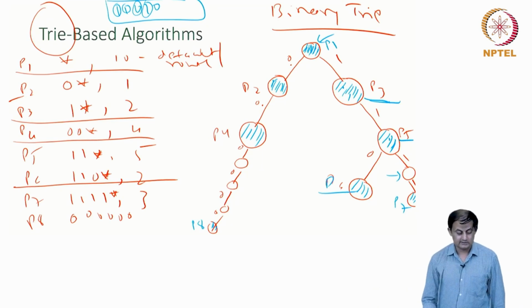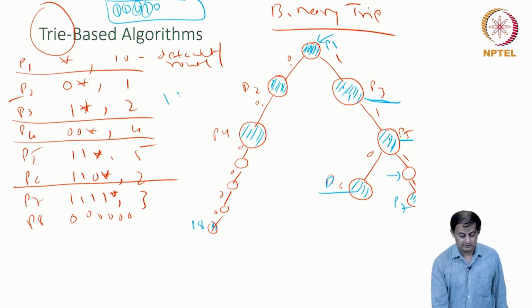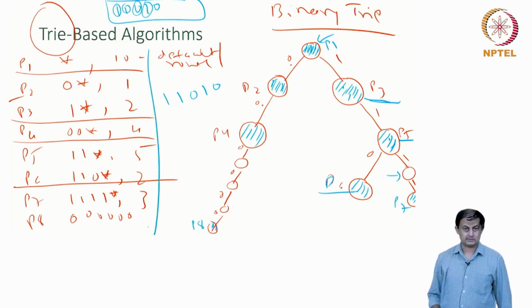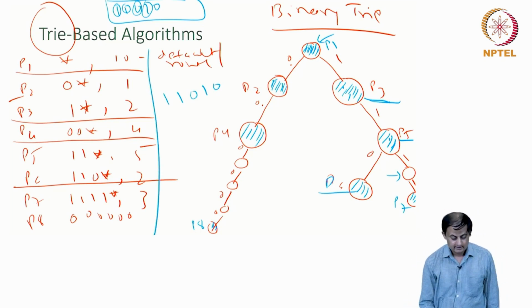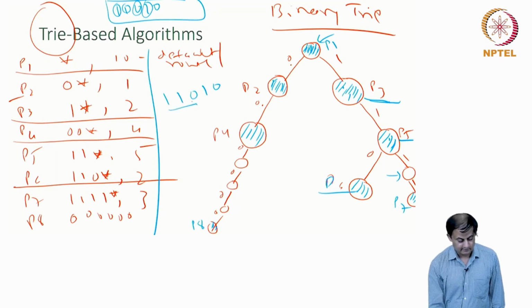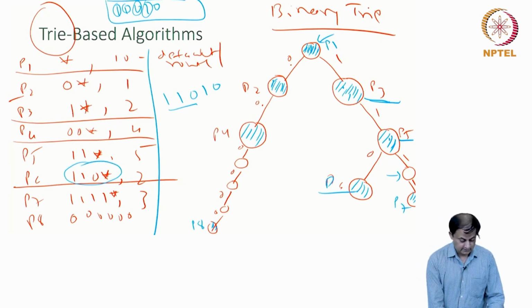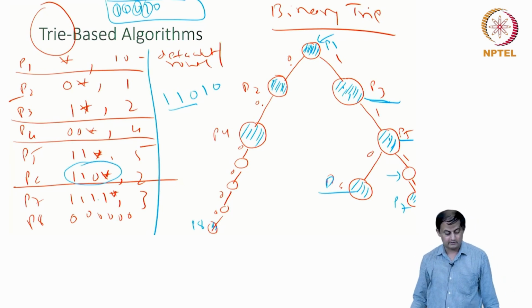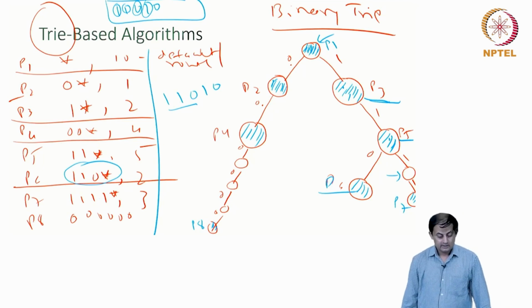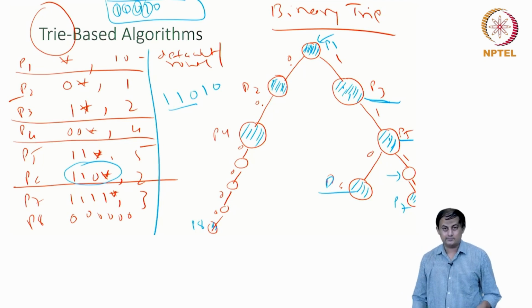So what it means is, if your destination IP address is 11010 and your set of prefixes are in this format, the best match that you can find is P6, which is 110 star. The other ones, P7 and P8, are not matching, neither are P2 and P4. So this is the longest prefix that has matched for this particular IP address.